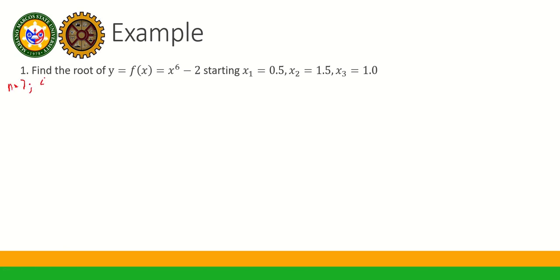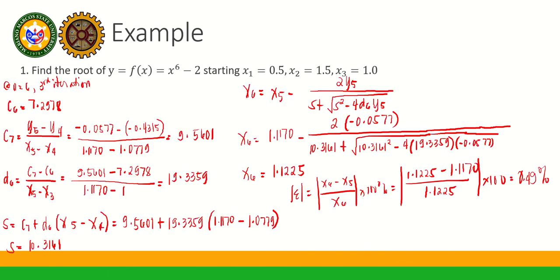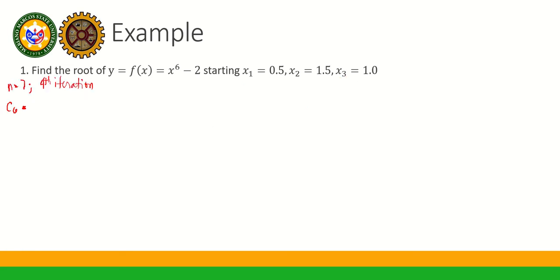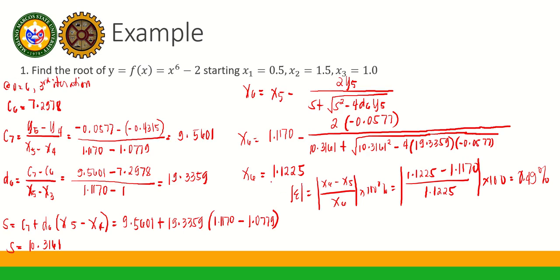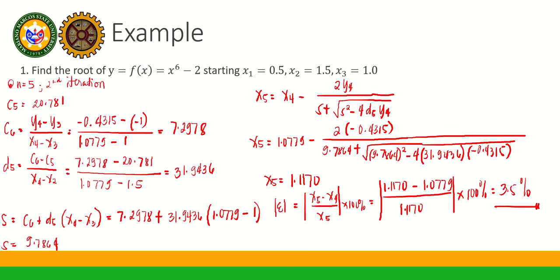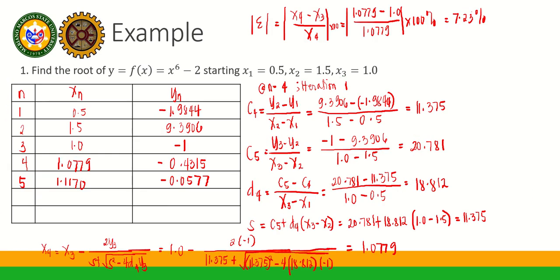Okay? So, at n equal to 7. So, this is now our fourth iteration. So, meron na tayong C7 which is equal to 9.5601. Now, for our C8, wait lang. Since nakuha na natin si x sub 6 na 1.1225, so plug ulit natin sa ating table.